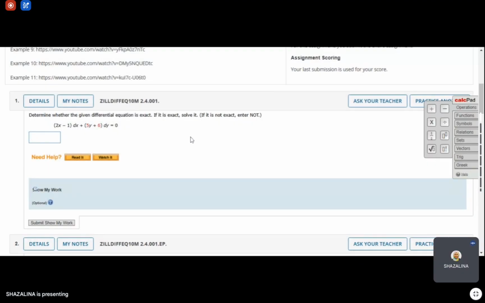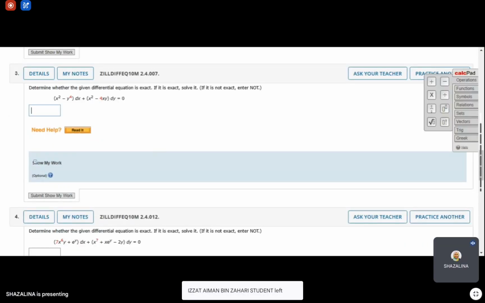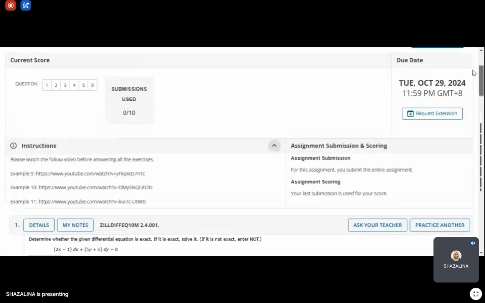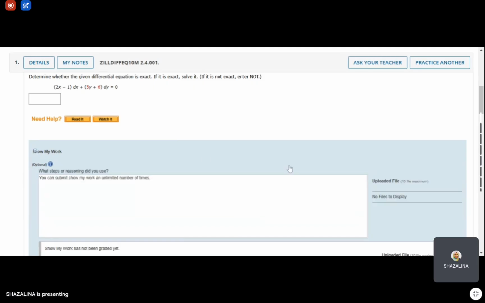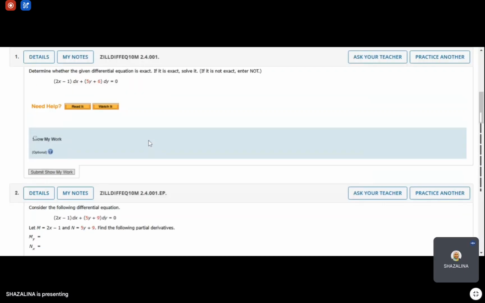Okay, answer, then below is submit assignment. Show my work is optional. If you have a PDF file, it probably cannot accept images. So you can show my work by uploading your PDF file here.